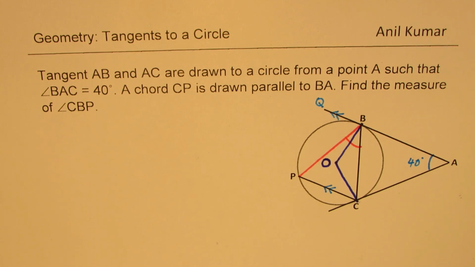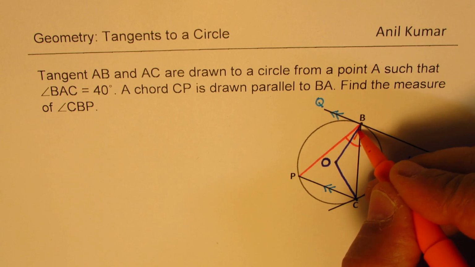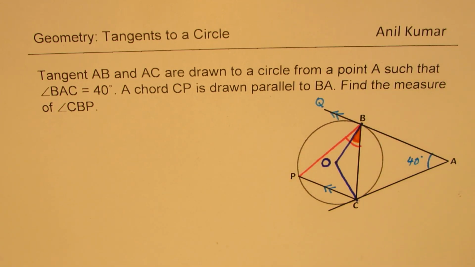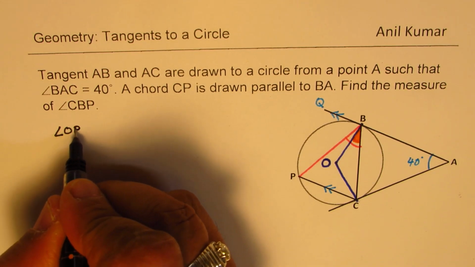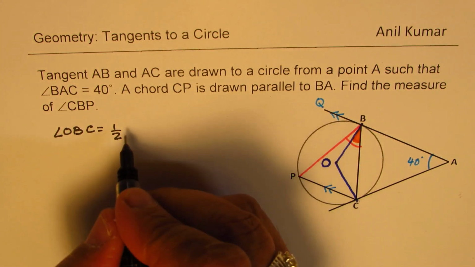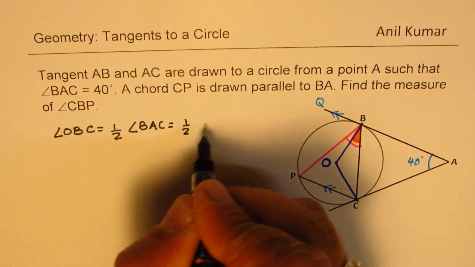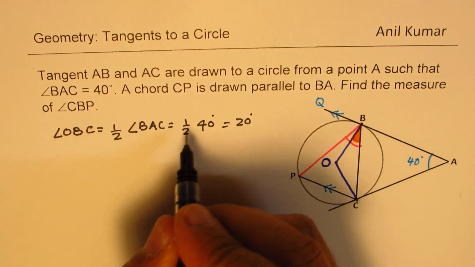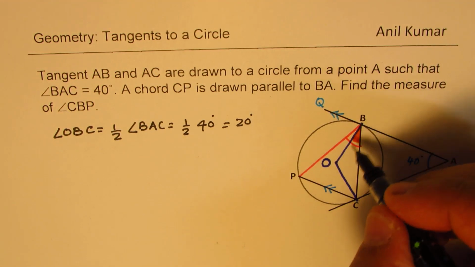One is that this particular angle OBC is half of angle BAC, which is half of 40 degrees, which is 20 degrees. Is that clear? So this angle here is 20 degrees.